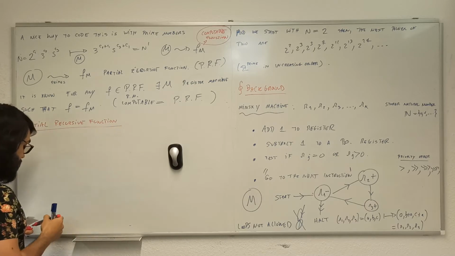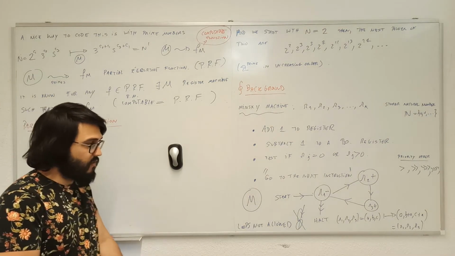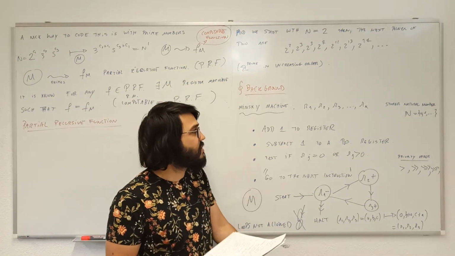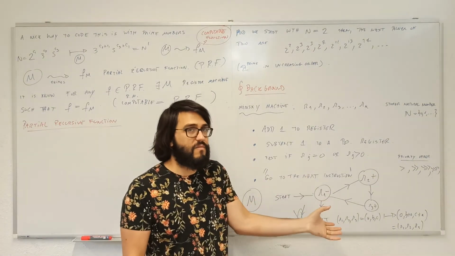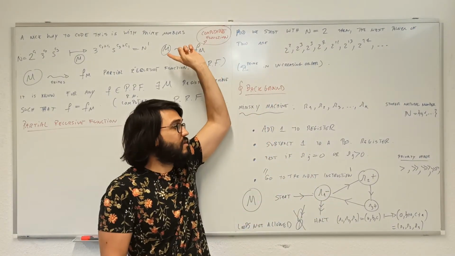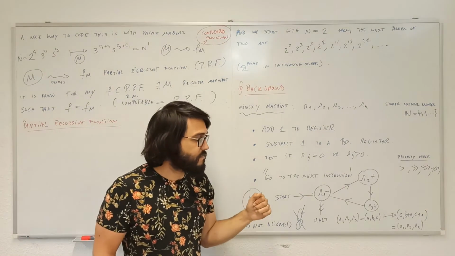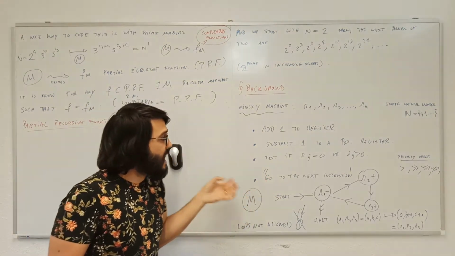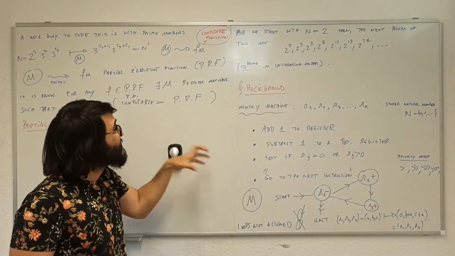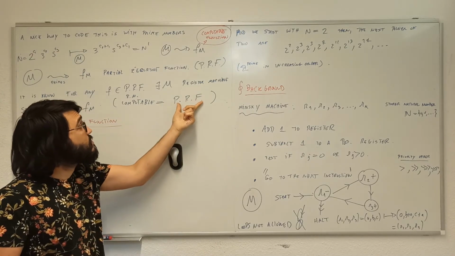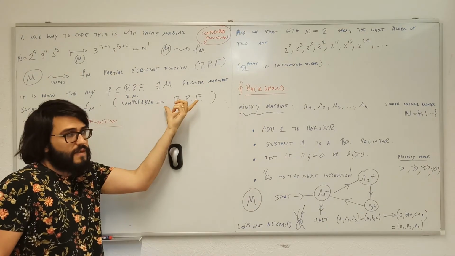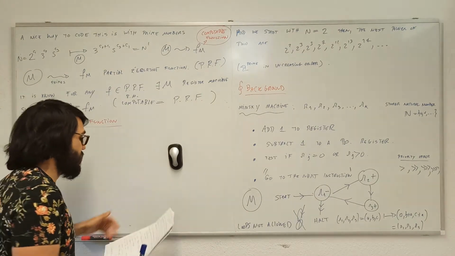Again, just to be clear, a computable function is a function that can be computed via the Minsky machine, exactly with this association with primes. And it's a big result to show that this set is exactly the set of partial recursive functions, which are defined in a completely different way.